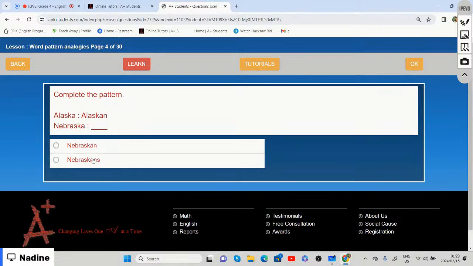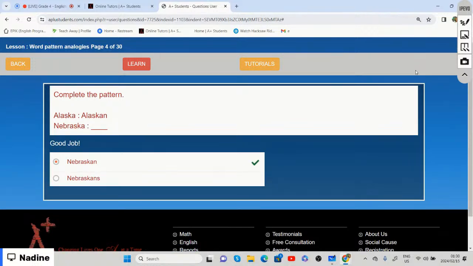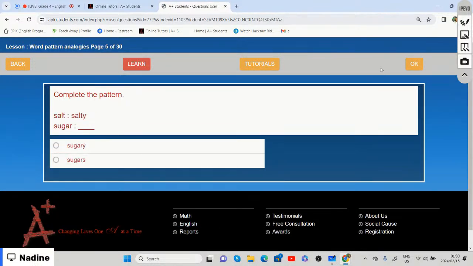So if I'm from Alaska, then I'm Alaskan. And if I'm from Nebraska, are you Nebraskan or Nebraskans? All right, so it is Nebraskan. If you're Alaskan, you're from Alaska, and if you're Nebraskan, you're from Nebraska. So well done.